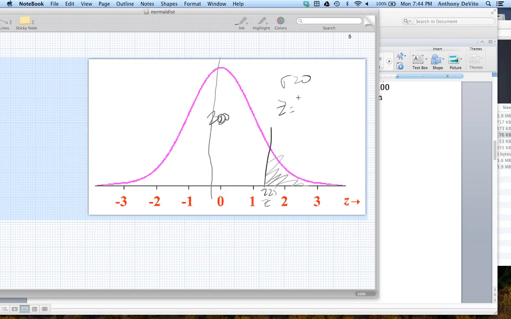So what's the z-score for 225? Well, z is equal to x minus the mean over the standard deviation, which is 225 minus 200 over 20. 25 over 20 is going to be equal to 1.25. Go to our z-table.